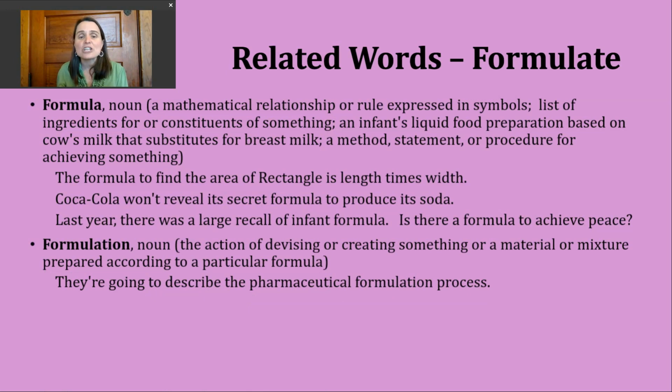This is the action of creating some type of plan or creating some type of material or mixture according to those specified ingredients and in particular amounts. So, an example of this might be they're going to describe the pharmaceutical formulation process, right?